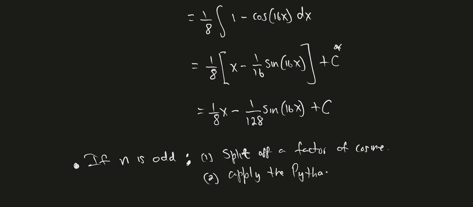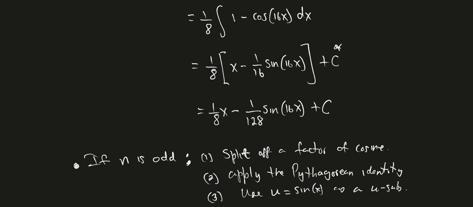And it will be clear which one to use based on the form of the integrand. And then 3, we're going to use the substitution. So use u equals sine of x as a u sub, right?